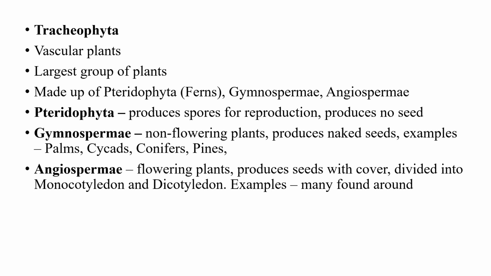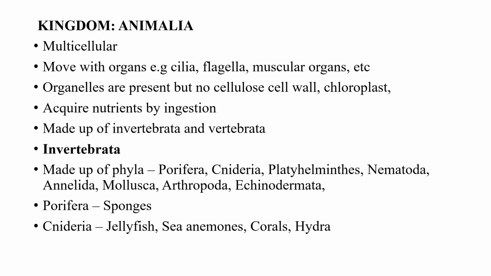The Angiospermae are divided into monocotyledon and dicotyledon. I said then that the monocotyledons are a group of plants that have just one cotyledon, while the dicotyledons have two cotyledons. And I said that examples can be found around.